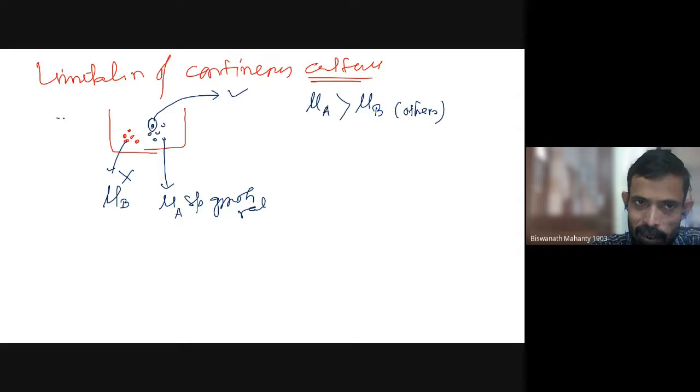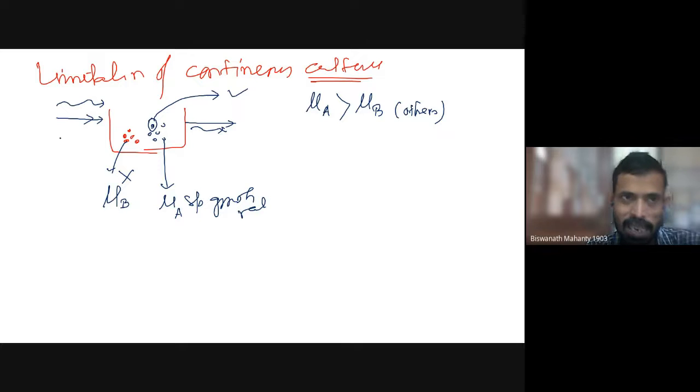So what will happen? There is a continuous feed, as I told you in our last class, if you remember. If you continuously provide input of substrate and continuously it is going out, what will happen? If I increase the flow rate, this faster-growing microorganism can still be there, because there is always some loss, washing out. If this is growing faster than that one, I can reach a point where the dilution rate, whatever I am providing to this reactor, is going to be bigger than the growth rate of this microorganism.